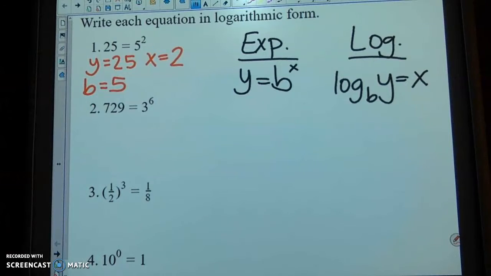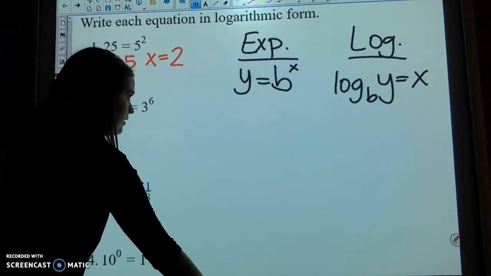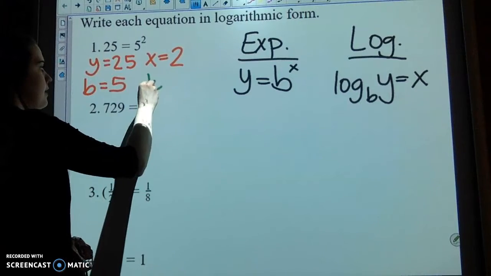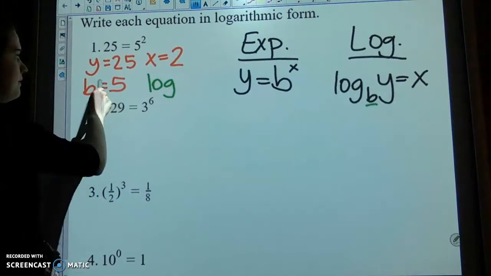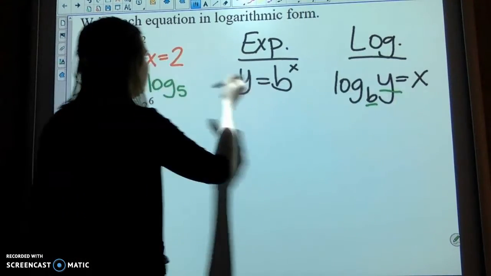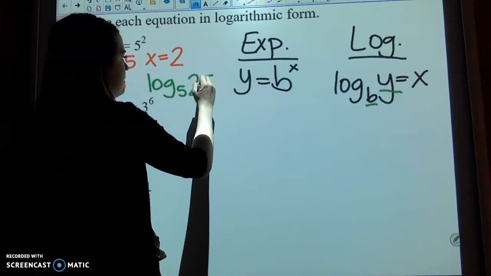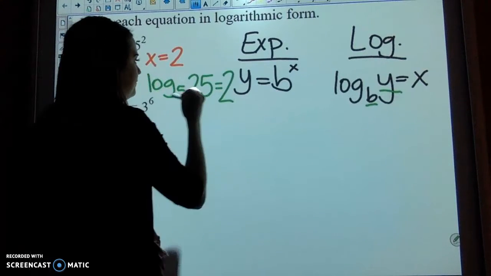So let's take that information we just wrote down and let's fill in our log function. So we go log base 5 of y, which is 25, is equal to x, which is 2.